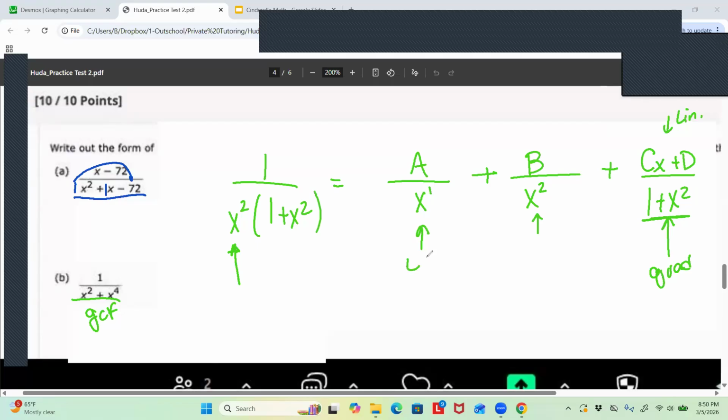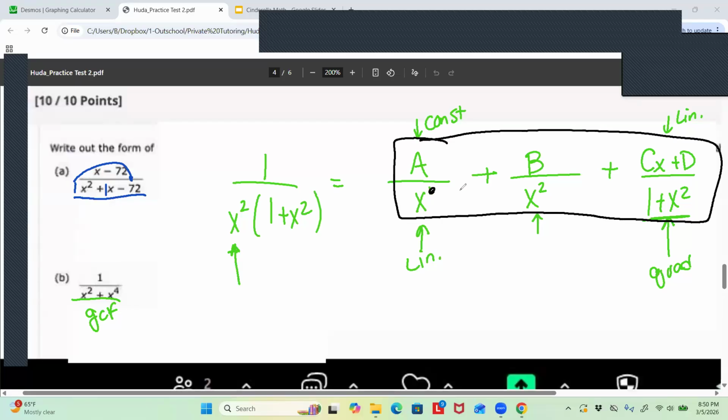If this one's a linear, you give this one a constant. And again, I'm not quite sure why this one just gets a constant. It's just the rule. I'm sure there's a reason. I can't think of it right now. Okay, so that is your answer right here. And it said do not solve. So that's all we need to do there for number 7.